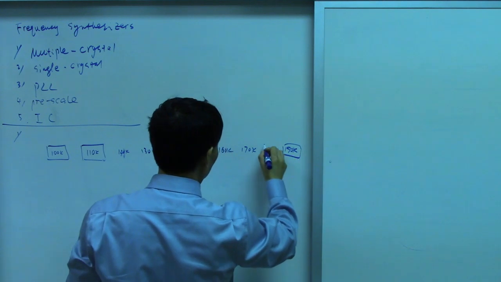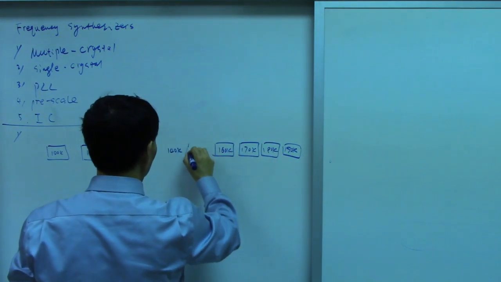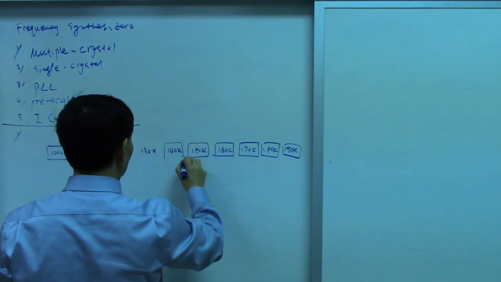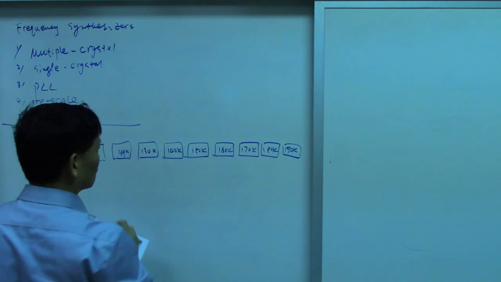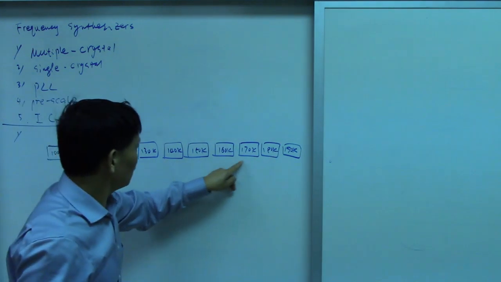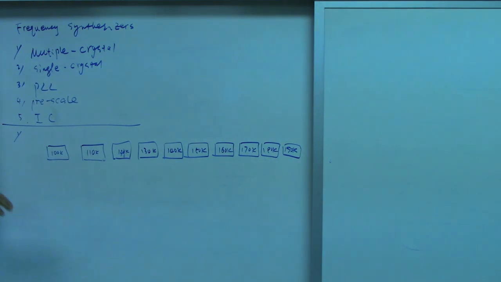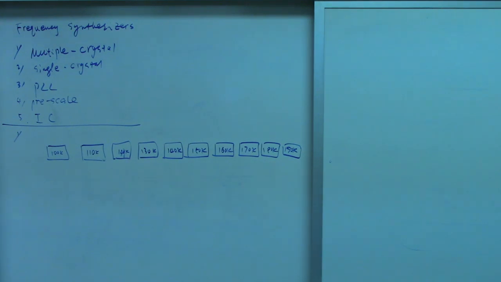I put all these boxes here. So I have 10 crystals here. Their corresponding output frequencies are 100K all the way to 190K.